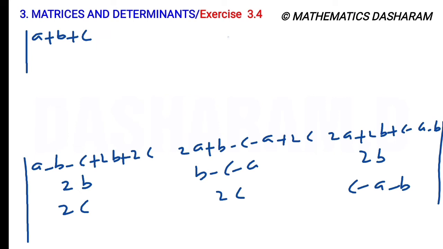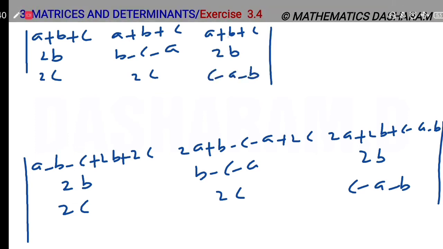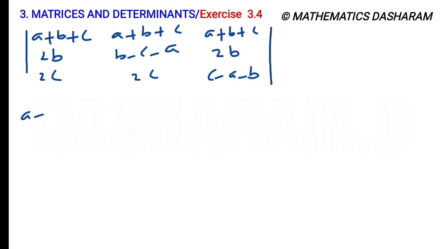Next it is 2B and next here 2C. Next, from here the simplification is the same, A plus B plus C. Next here B minus C minus A, 2C. So its simplification is A plus B plus C. So here 2B, C minus A minus B. So we can take A plus B plus C common from the first row.